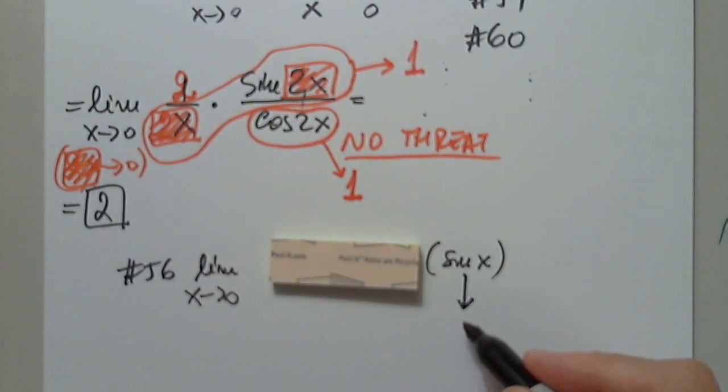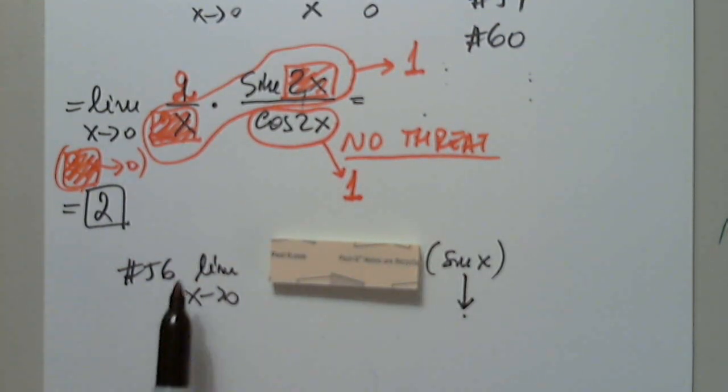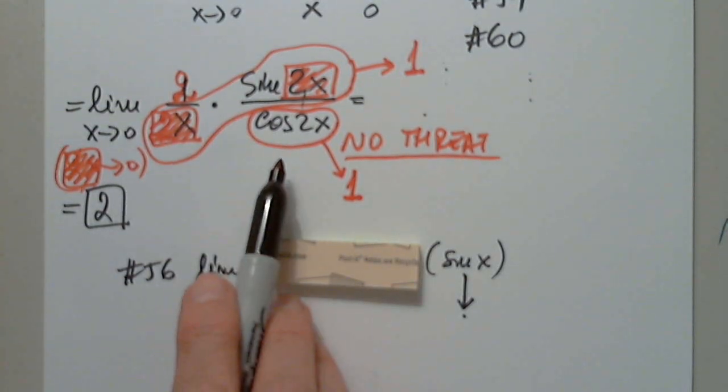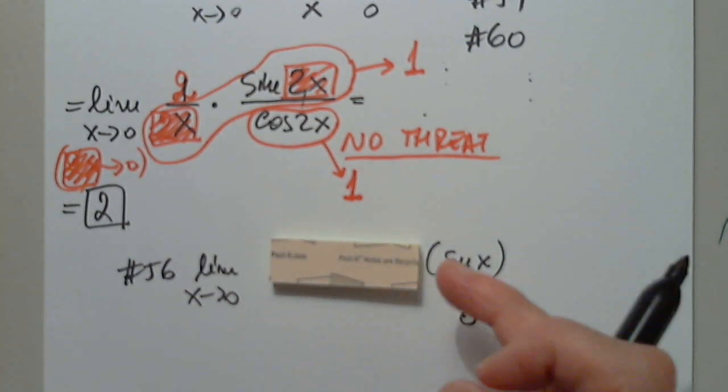When x approaches 0. Is it 1? That's cosine. So 0. Yes, sine and cosine cannot both be 0 at 0. Right? Cosine 0 is 1, sine 0 is 0. Perfect.